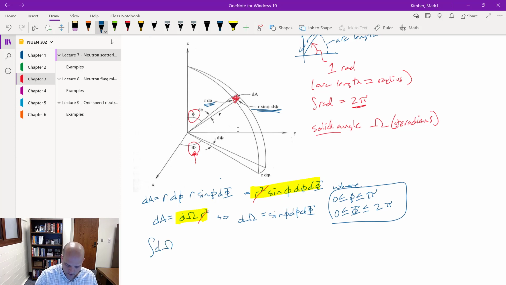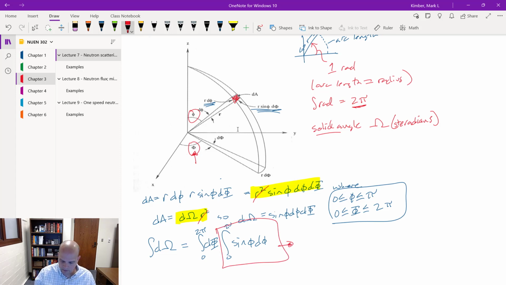So the integral of that d omega, the integral of that solid angle, is going to be the integral from 0 to 2 pi of d capital Phi and 0 to pi of sine phi d phi. And if I do that integral, the integral of sine phi from 0 to pi is going to equal 2.